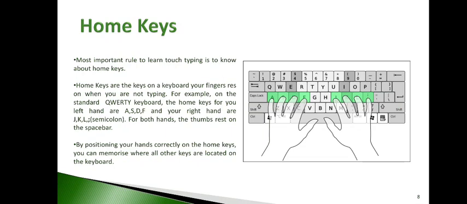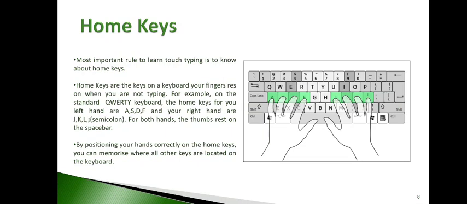By positioning your hands correctly on the home keys, you can memorize where all the other keys are located on the keyboard. All this you will be learning in the rapid typing software, how to memorize all the keys and how to do touch typing.